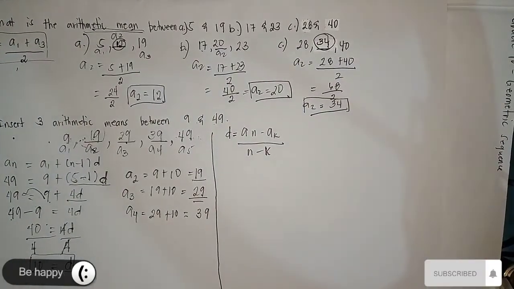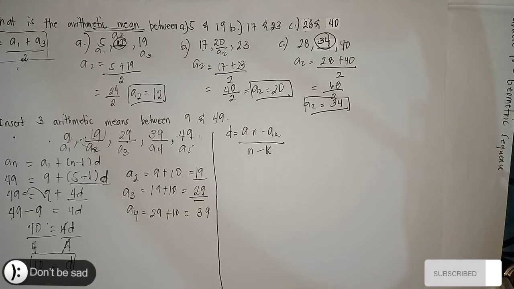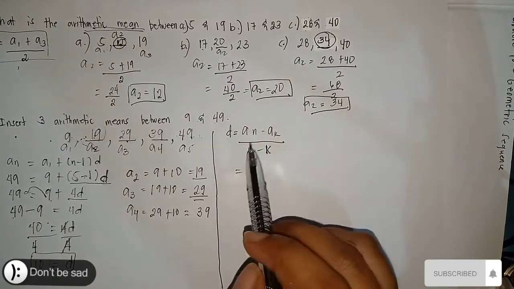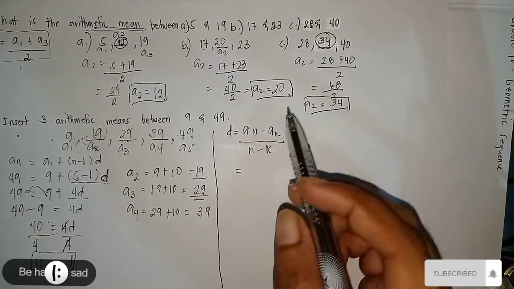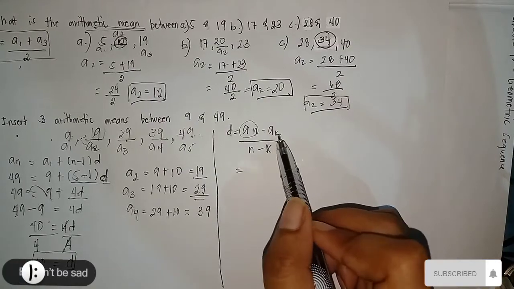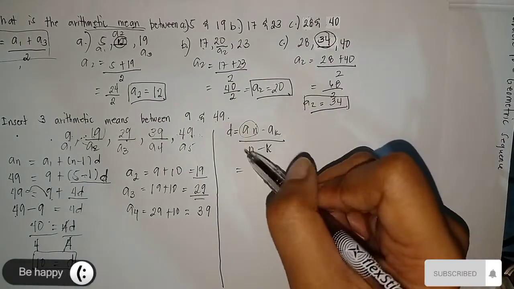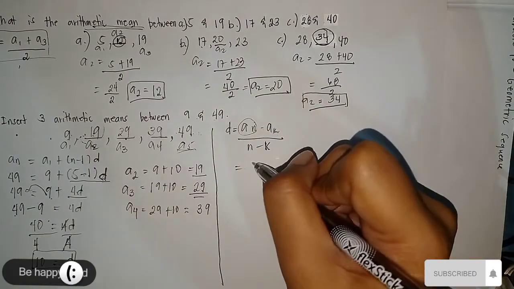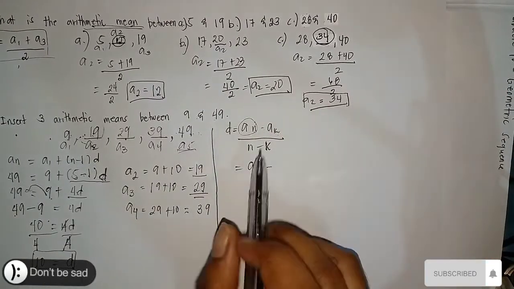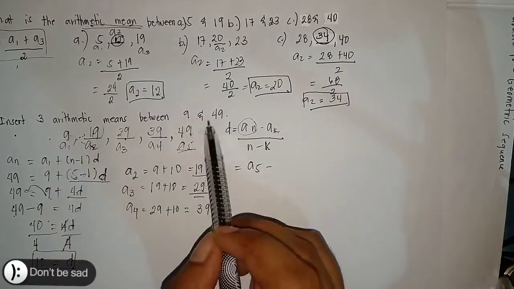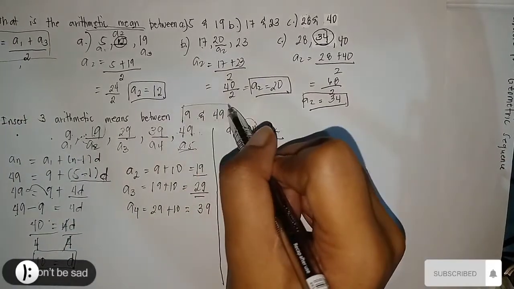Para mas madali lang din mahanap si d, itong a sub n natin, siya yung magiging last term, minus a sub k, siya yung magiging first term. Diba ang ating last term ay a sub 5? So, lagay nyo lang dyan, a sub 5, minus a sub k, siya yung magsisilbing a sub 1. Dito lang kasi tayo magbabase sa given.